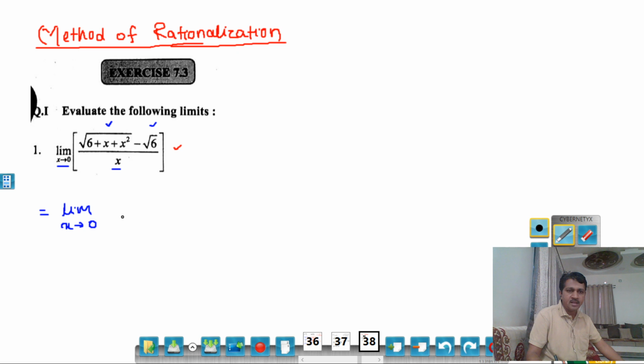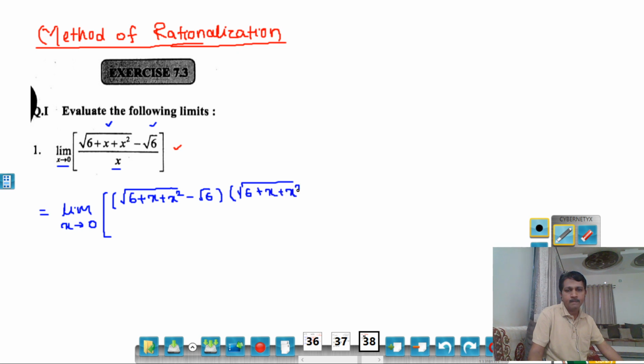So if I rationalize the numerator by multiplying the numerator and denominator by the conjugate of the numerator: square root of 6 plus x square minus square root of 6. Its conjugate is square root of 6 plus x square plus root 6.